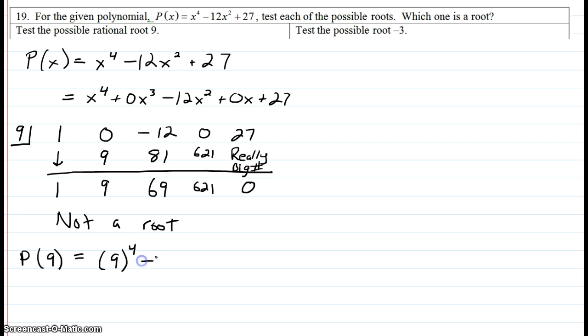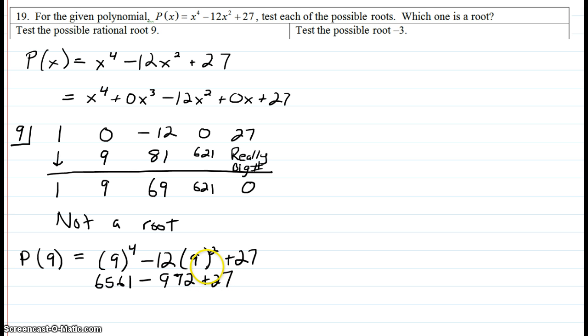I haven't done this yet, so I'm going to have to use my calculator. But you're going to see it's going to be a really big number. 9 to the fourth is 6,561. 9 squared is 81. 81 times 12 is 972 plus 27.